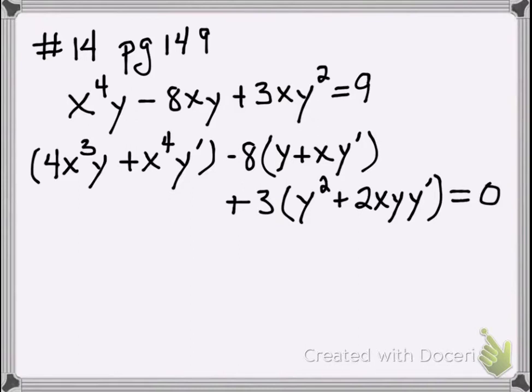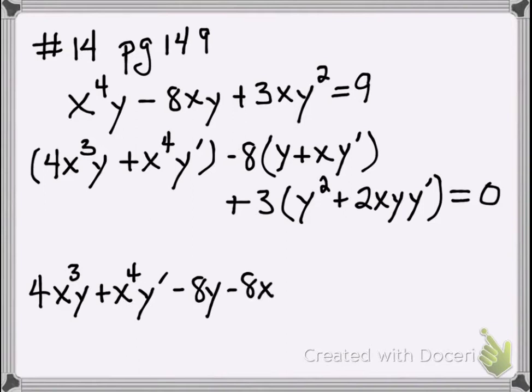Okay, so now let's write all of this out in a straight line in expanded form. We get 4x cubed y plus x to the fourth y prime minus 8y minus 8xy prime plus 3y squared plus 6xy y prime.